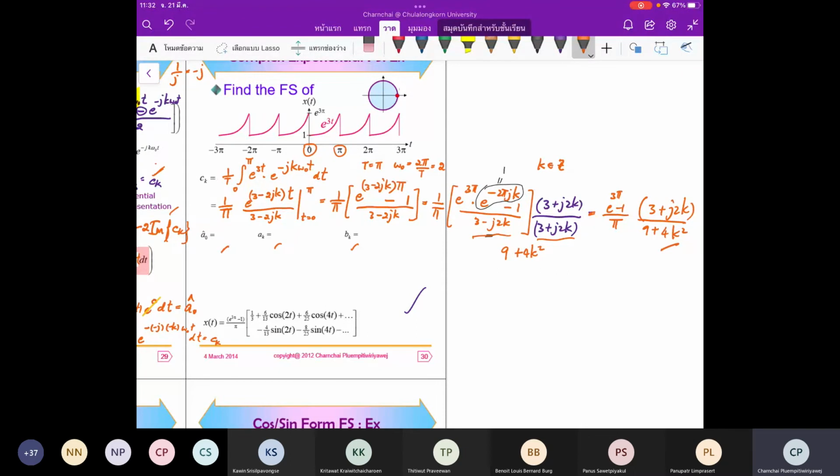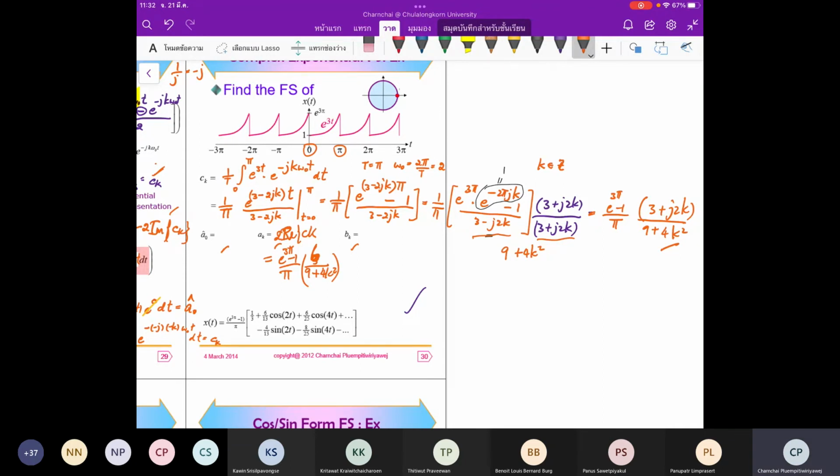Remember, ak is twice the real part of ck, which is e to the 3 pi minus 1 over pi times 3 over 9 plus 4k squared, and twice that, so it's 6, twice the real part.